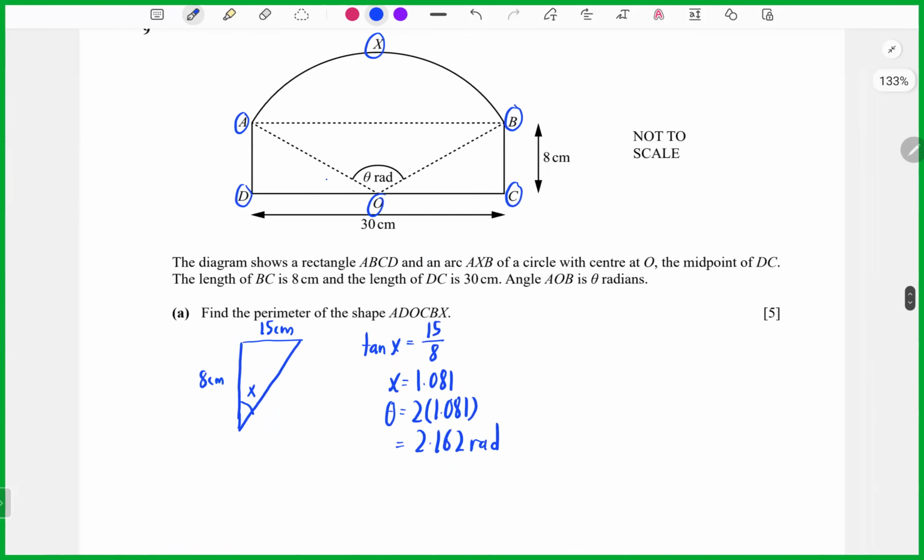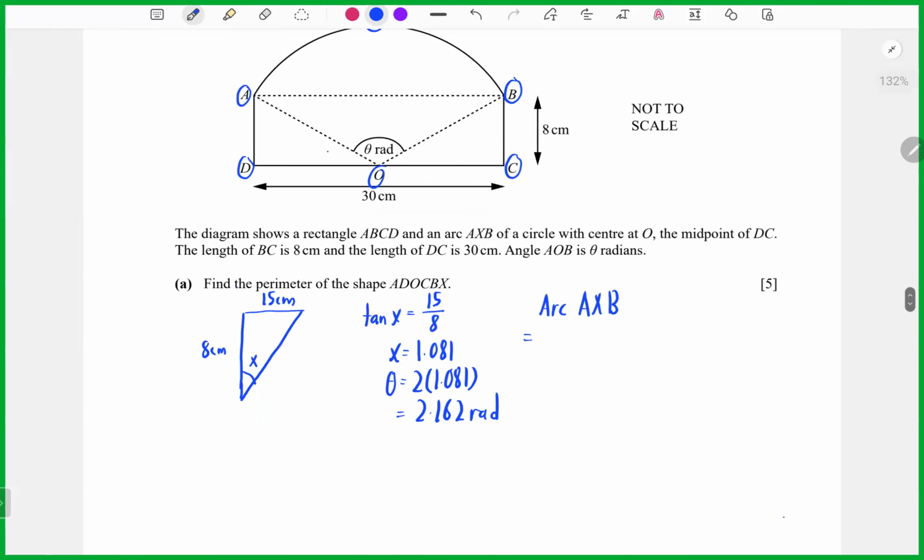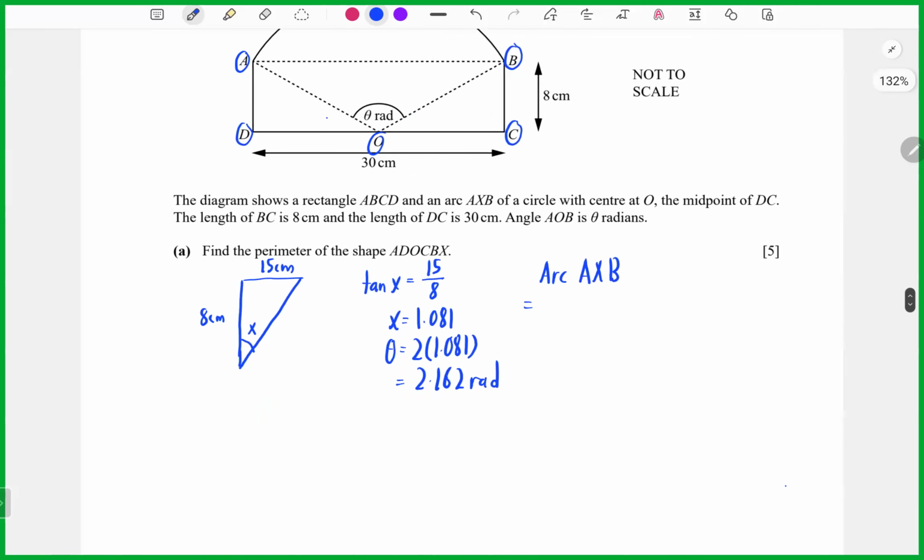Arc AXB will equal, we need to find this distance. We forgot to find out the radius. For the radius, we can use Pythagoras theorem. So you can take 15 squared plus 8 squared, which equals 17 squared.